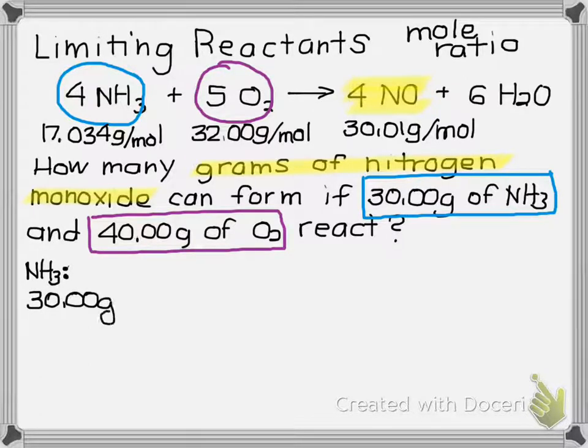So I have 30 grams of the ammonia. Now, in order to figure out how much NO, I'm going to need to use the mole ratio. So my first step, I'm going to convert grams into moles by dividing by the molar mass.